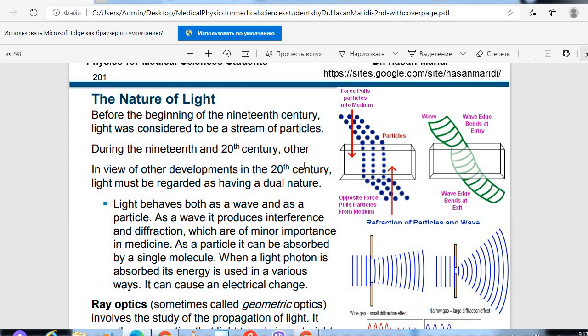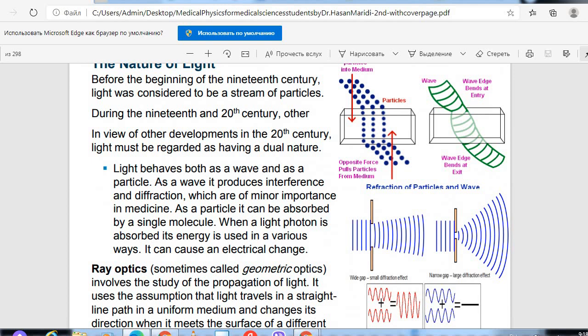A molecule or atom absorbs a particle and gives us an excited state of the molecule. When a light photon, this particle of light, is absorbed, its energy is used in various ways. It can cause electrical change.